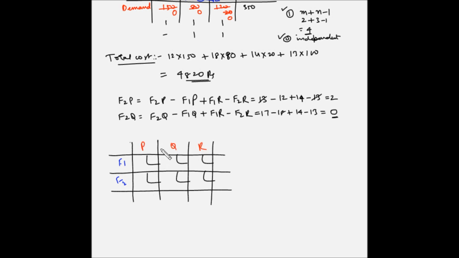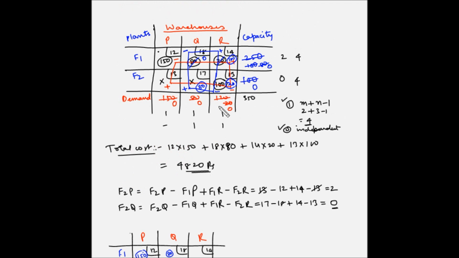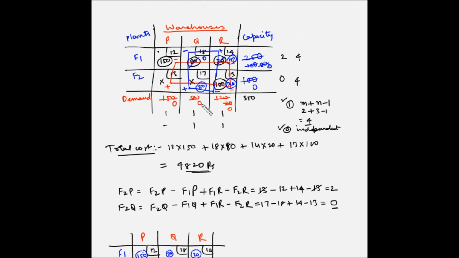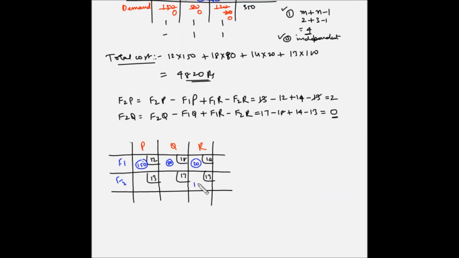Now let's add the unit cost values. The first solution that we had obtained had these allocations. Now let's note down the second solution that we obtained.